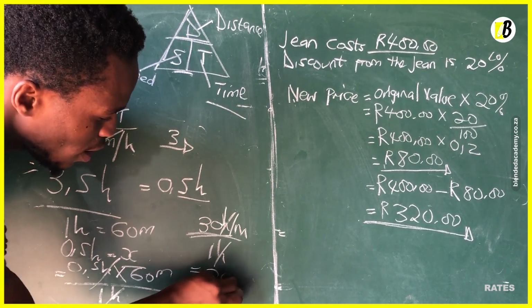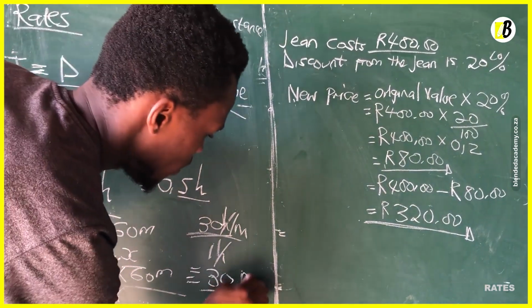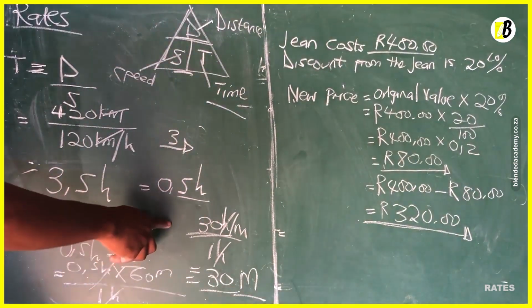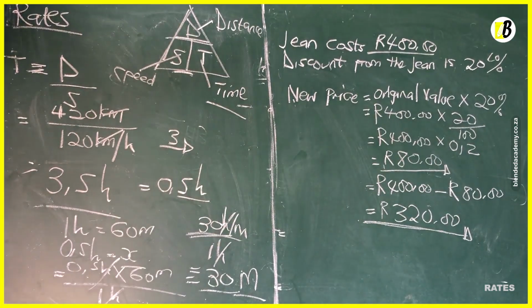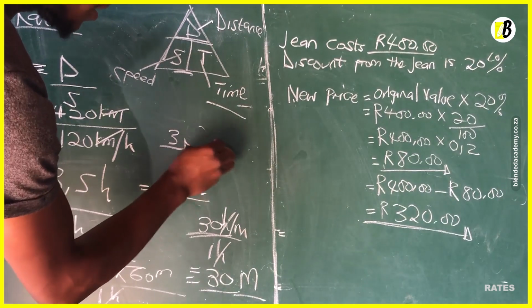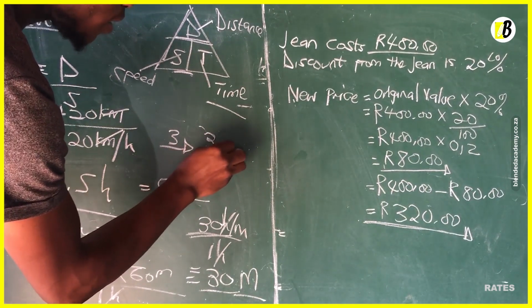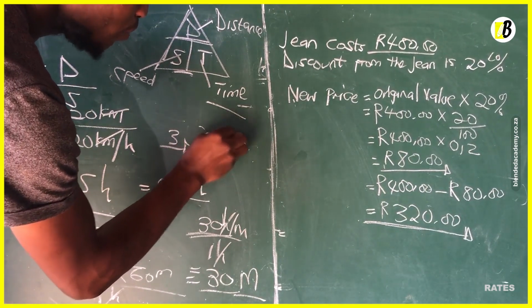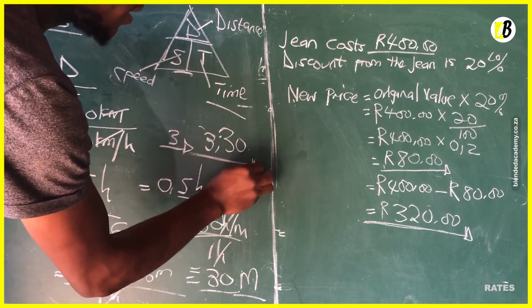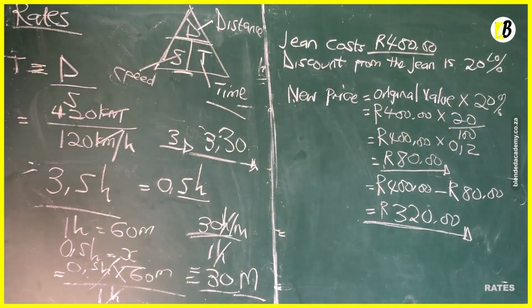We know that this is 30 minutes. So basically the time that I'm going to take from where I am to Johannesburg, all in all, is going to be 3 hours 30 minutes. So this is how we work out the time.